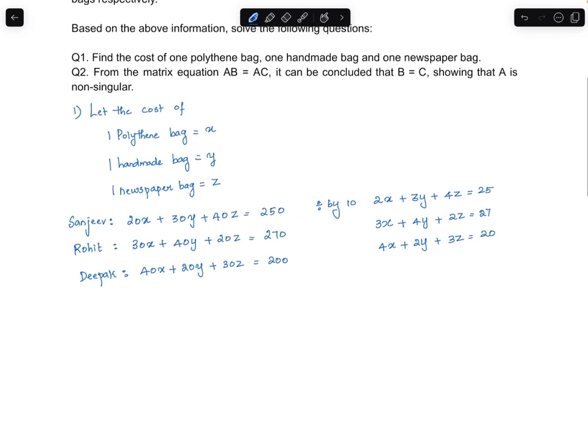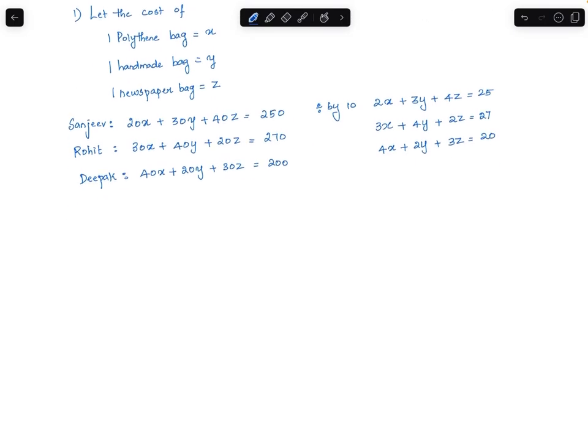Now these equations can be written in the form of AX equal to B, where A is 2, 3, 4 in the first row, 3, 4, 2 in the second row, 4, 2, 3 in the third row.